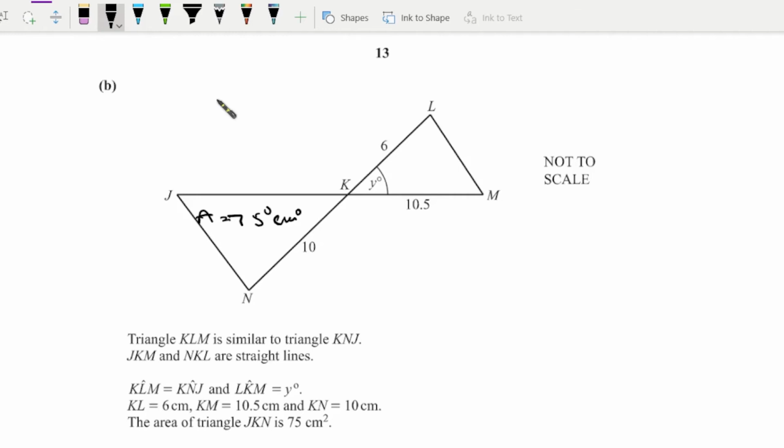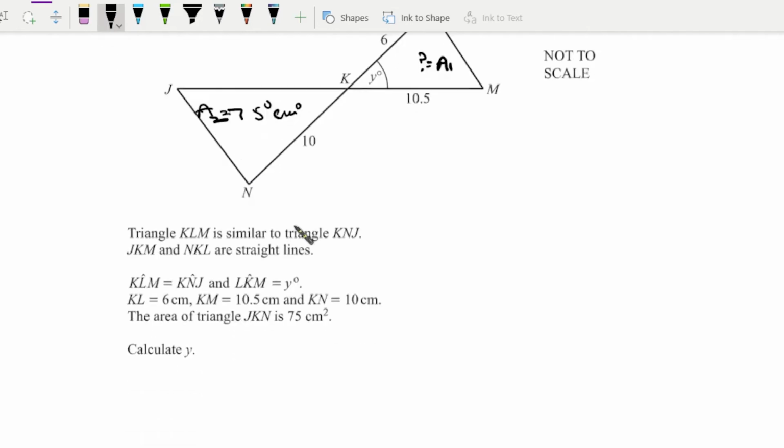Now first of all, we will find the area of this triangle, because these two triangles are similar triangles, so we can easily find out the area of this triangle. How can we do this? 10 square upon 6 square, or 10 upon 6 whole square, is equal to 75 upon A1, you can give the name, it's A2.